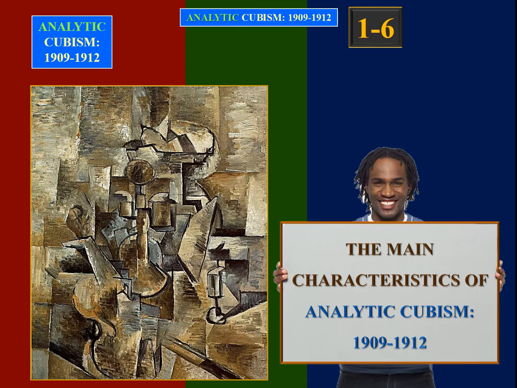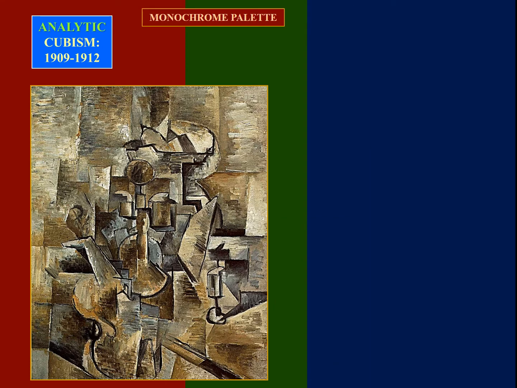All right, so the 6 main elements I'm introducing you to with analytic cubism are these. Let's review. A monochromatic palette, right? They've drained the canvas of color. You have brick-like brushstrokes, and the brick-like brushstrokes emphatically emphasize the two-dimensional surface of the painting. They're like slapping that paint on, saying, "Look, this is a planar surface.